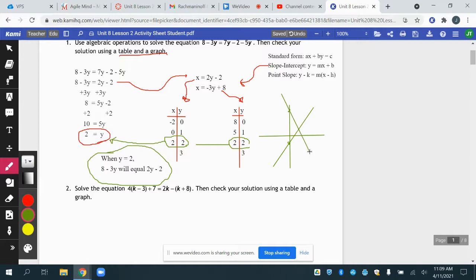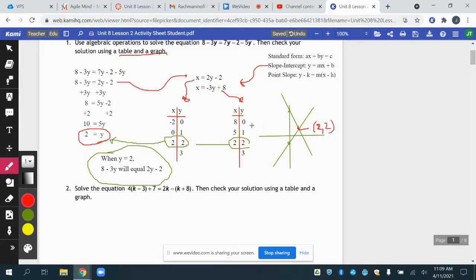If you graphed them all on a graph, you would find that the point where they cross right here is the point, you guessed it, (2, 2).